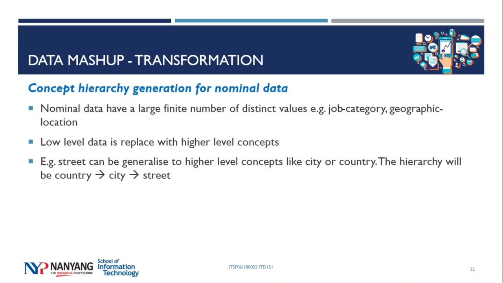So a concept hierarchy for a given numeric attribute defines the discretization of the attribute. Concept hierarchies can be used to reduce the data collected, and replace low-level concepts such as numeric values for the attribute age by higher level concepts such as young, middle age or senior. Although details are lost by such generalization, it becomes more meaningful and is easier to interpret.